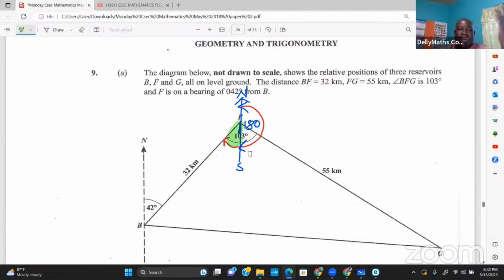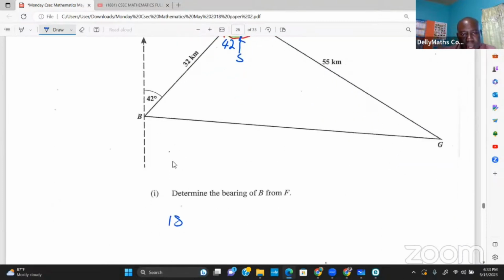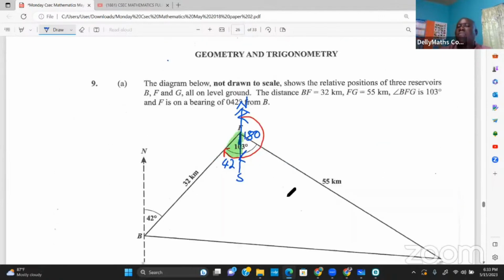You will agree also that Z angles, alternate angles, are equal, which means that this is 42. So the bearing of B from F will be a combination of 180 plus 42. Check that out. 180 plus 42, and this will give us about 222 degrees. That's the bearing.